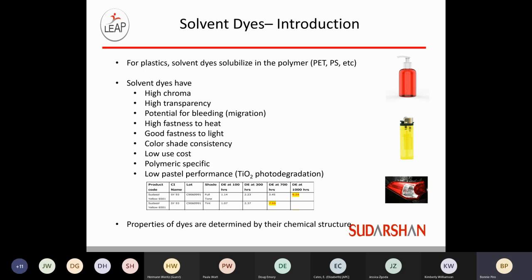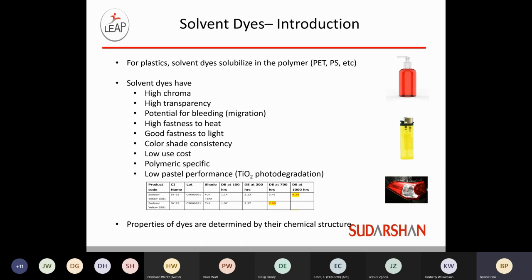Color shade consistency is very good, and you'll see why in a moment. These offer a low use cost. A little bit goes a very long way. These are polymer specific, as I mentioned, as far as the solubility is concerned. One potential pitfall to be aware of is that they tend to have that impact of TiO2 photodegradation.